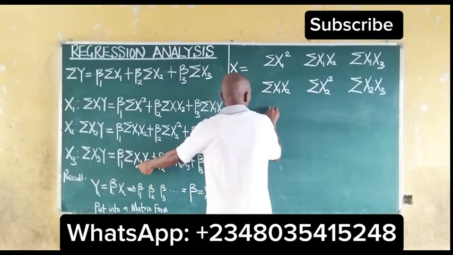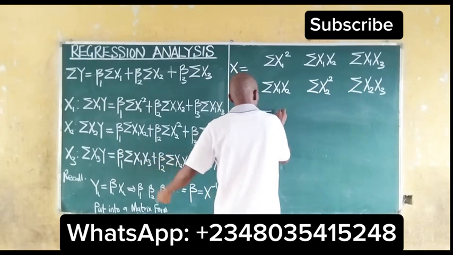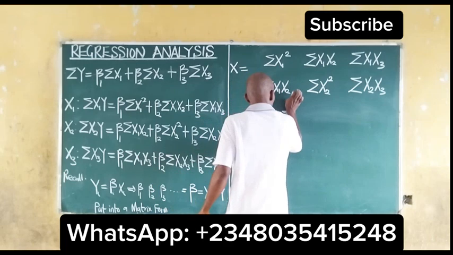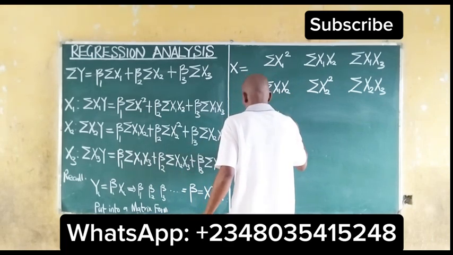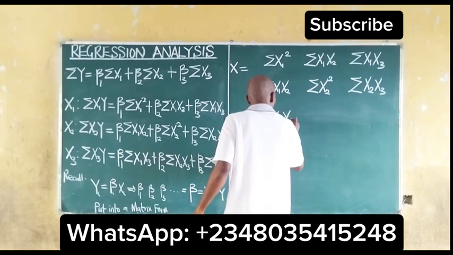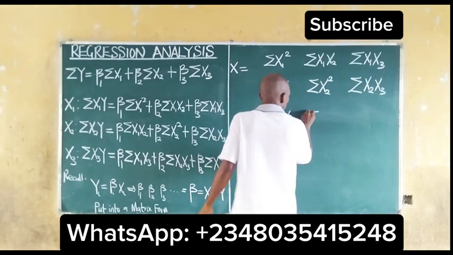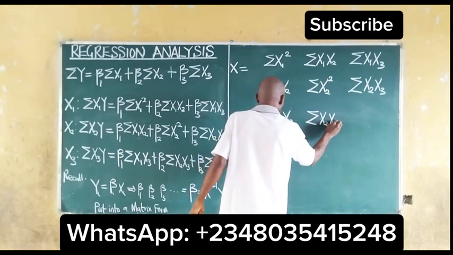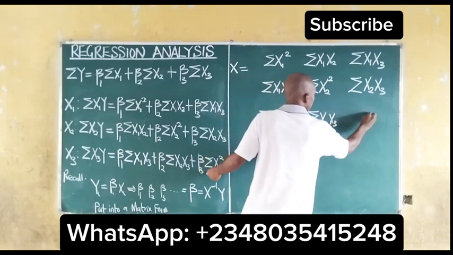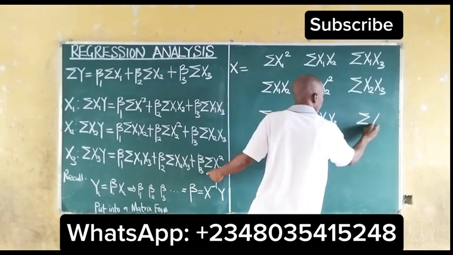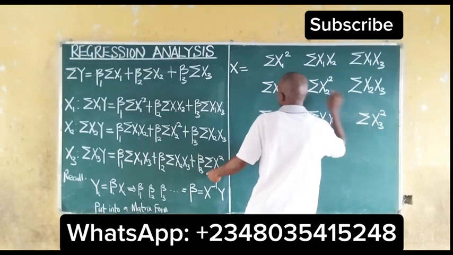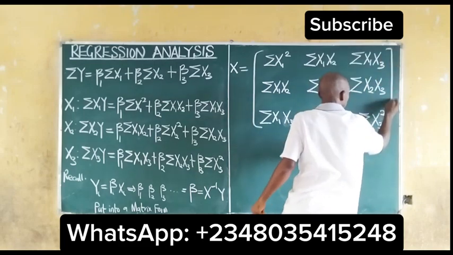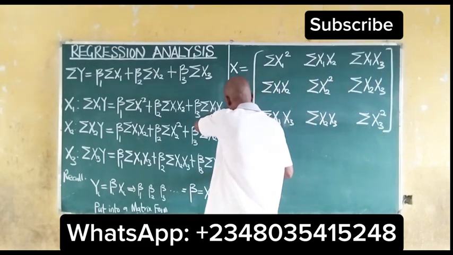Here we have summation of x1 x3, then summation of x2 x3, and summation of x3 squared. So this becomes our x.